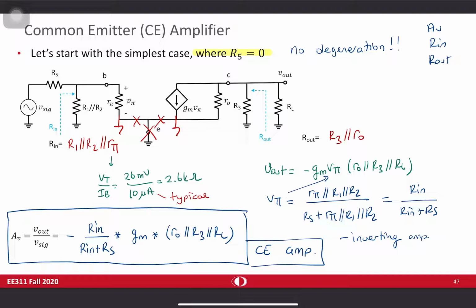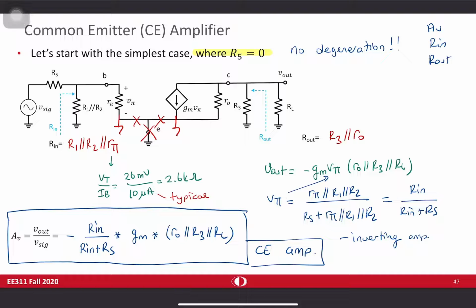So it looks like because of this part, you are sacrificing some gain. This part is exactly the same as the MOSFET case, so the expression is almost the same, but this Rin divided by Rin plus RS may be a bit smaller than the MOSFET case. Let's compare the GMs.